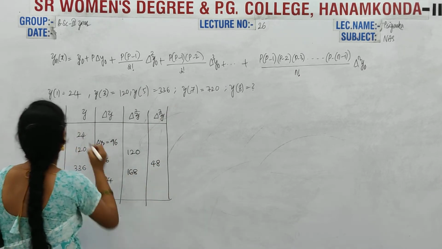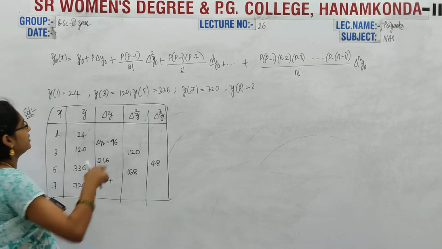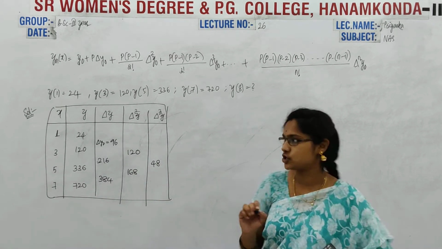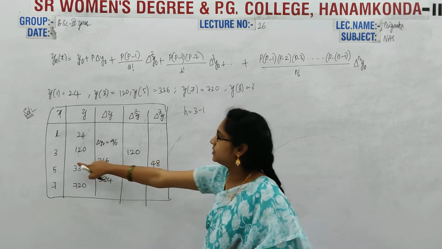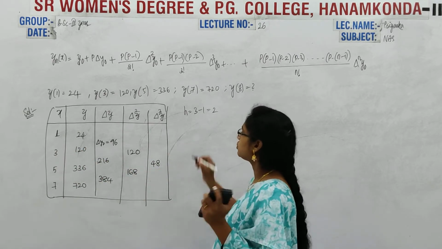So that's why we have to take the table like this for the forward formula. First of all, we have to know what h is. h is equal to 3 minus 1, the interval length, which is 2.